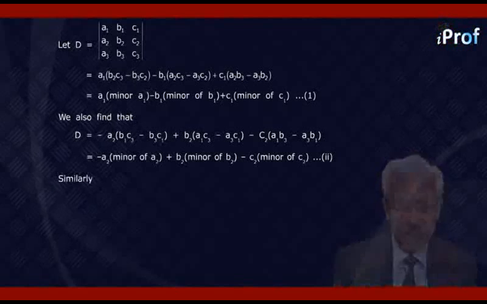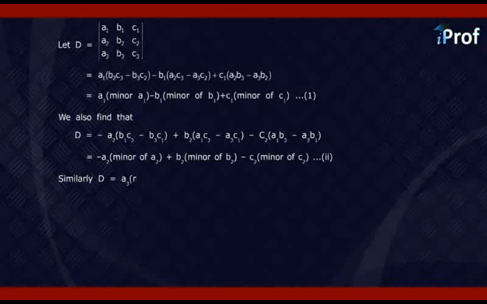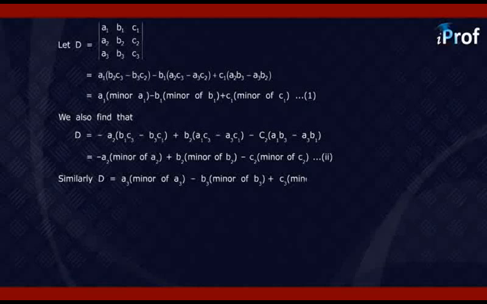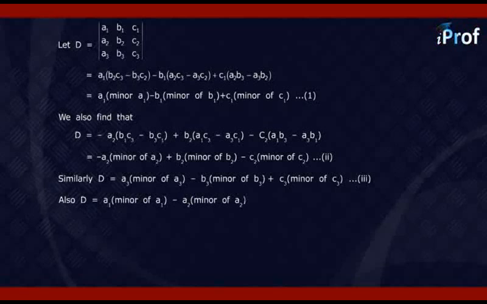Similarly, D can be equal to A3 times minor of A3 minus B3 times minor of B3 plus C3 times minor of C3. This is the third expansion. Also, D is equal to A1 times minor of A1 minus A2 times minor of A2 plus A3 times minor of A3.